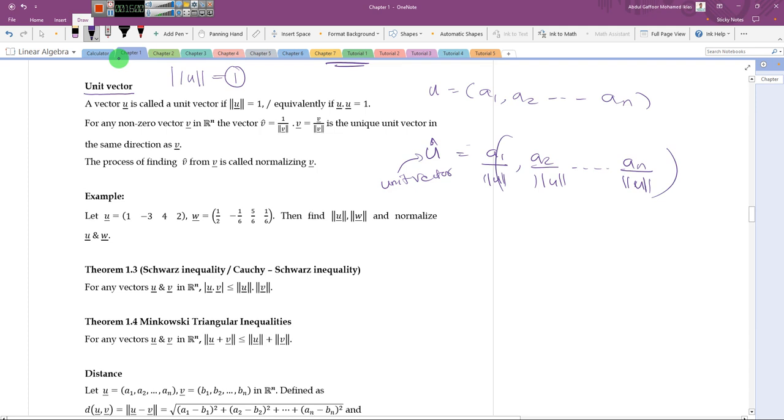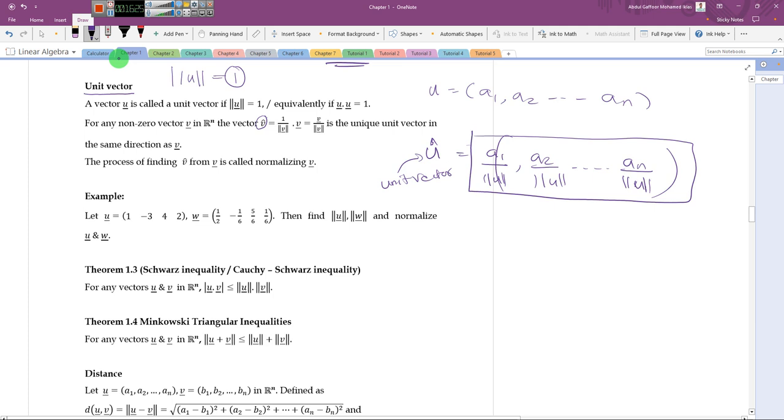So for any non-zero vector v, right, because the vector should be a non-zero vector, the unit vector of v will be equal to the vector divided by its norm, which will return this expression. Okay, right.